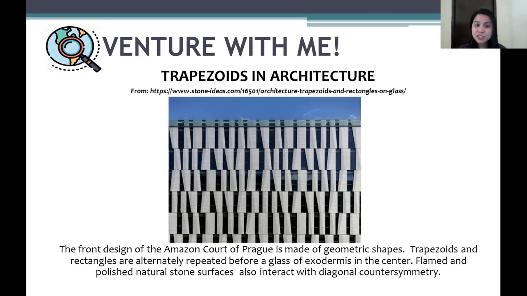Flamed and polished natural stone surfaces also interact with diagonal counter symmetry. So if you see the gray ones and even the glass ones, it's an alternation of a trapezoid and a rectangle.